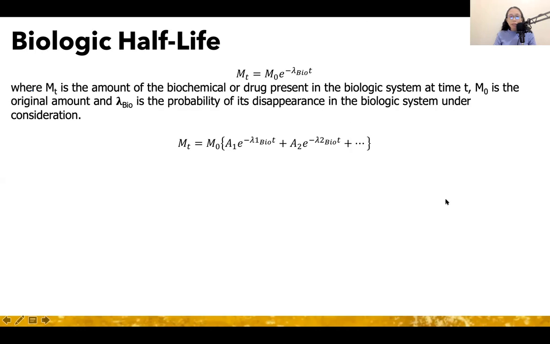So the amount M sub t of a biochemical or a drug present in the biological system at a certain time t can be determined by this equation, provided that we have the original amount, the M sub 0, and the decay constant in the biological system. So again, this decay constant in the biological system is also related to the half-life or the biological half-life in an equation that is the same as the one that we derived earlier.